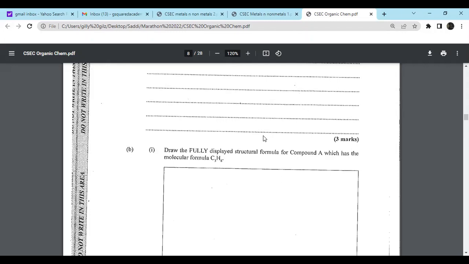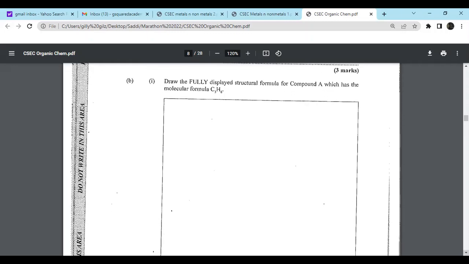Okay, draw the fully displayed structural formula for compound A, which has the molecular formula C3H8. So, since it's C3H8, you draw 3 carbons in a straight line, then you attach hydrogens and make sure it's 8 hydrogens.